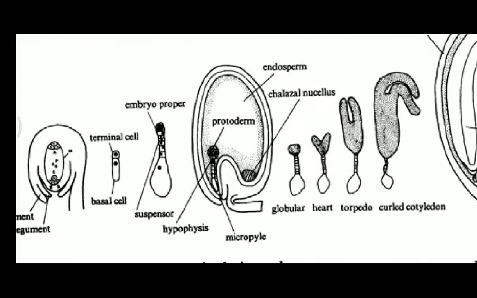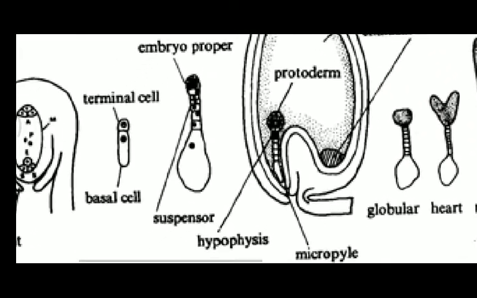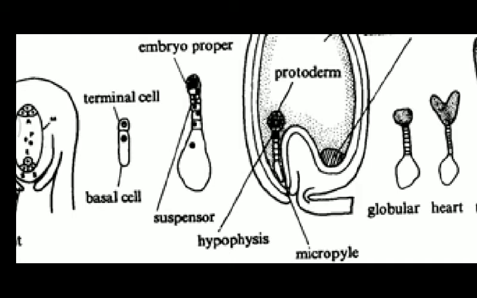You can see here in the second picture, the terminal cell and the basal cell are given, where in the third picture, the basal cell is showing the transverse division to form many cells arranged in a row, indicated by the suspensor. And I told you the function of the suspensor.